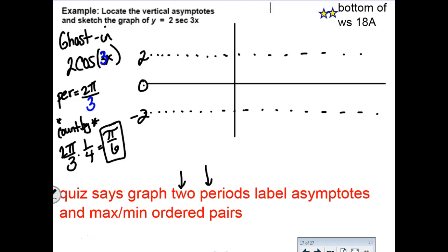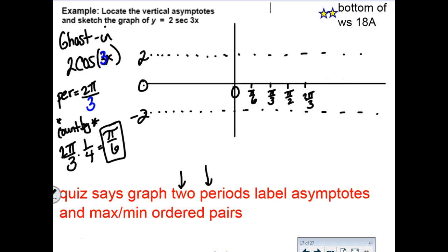All right, there's no phase shift. That's good news. So I'm going to call 0 our starting spot, and I'm going to count by pi over 6's. I might encourage you to count both positive and negative, since you have to go 2 cycles. So 1 pi over 6, 2 pi over 6, better known as pi over 3, 3 pi over 6, which is pi over 2, and then 4 pi over 6, which is 2 pi over 3.